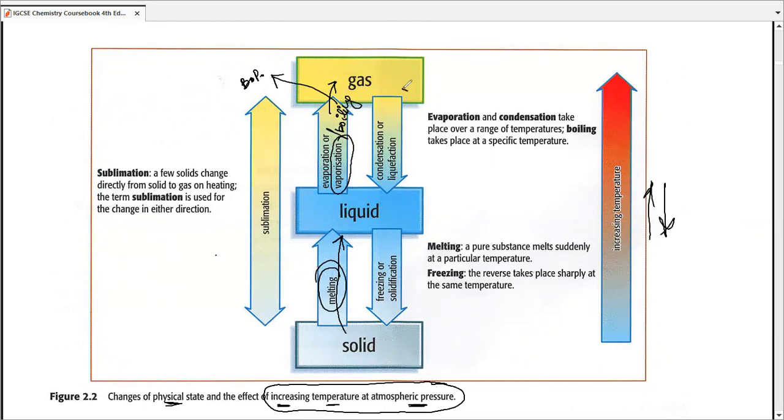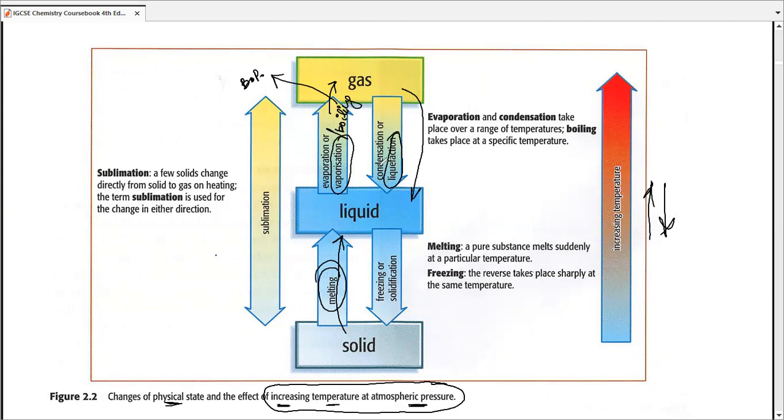So the gas can be converted back into liquid. The process is known as liquefaction, which was discussed back in chapter number 1. We discussed the fractional distillation of liquid air, and liquefaction is the process by which we cool something down to convert a gas into a liquid.